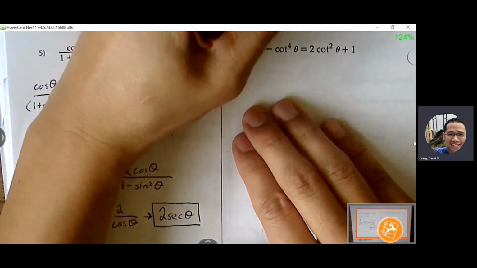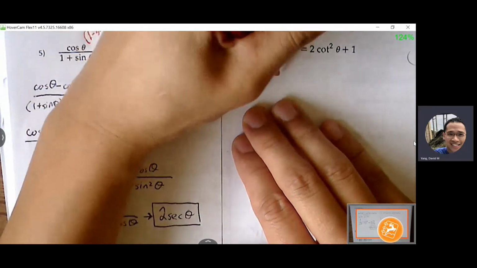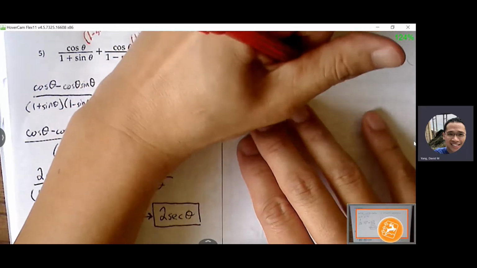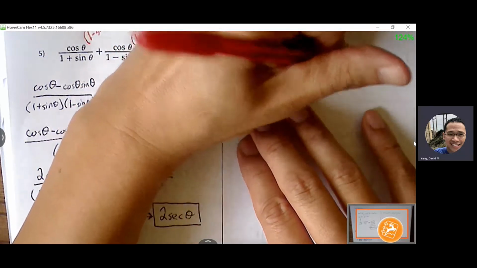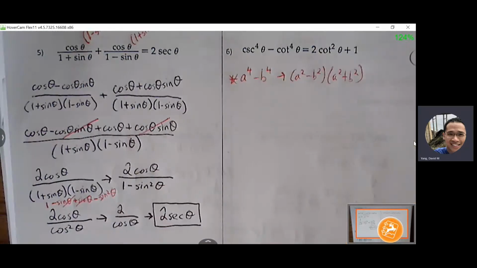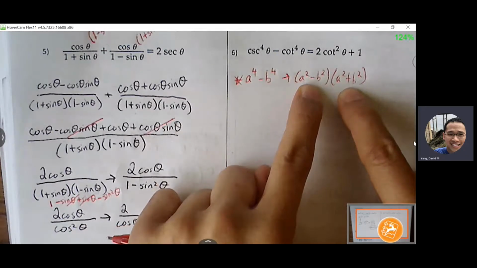If I have a to the 4th minus b to the 4th, that's the same thing as a squared minus b squared times a squared plus b squared. We're just splitting each term into its square root terms, and then we're making a difference of squares.